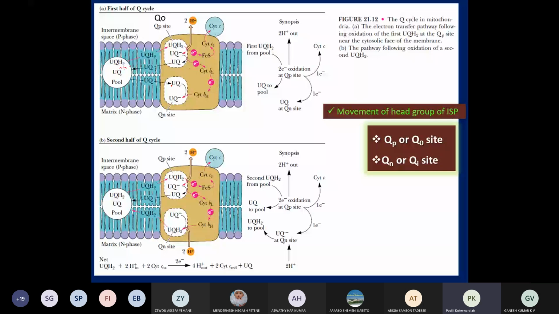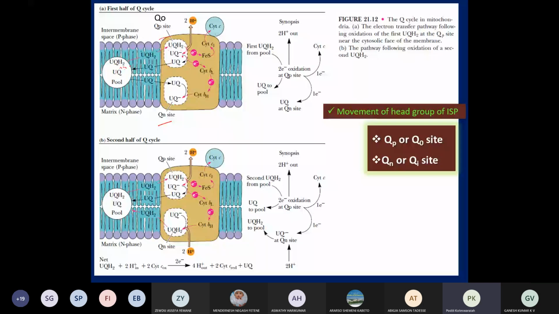On the matrix side, it is known as the QN site. On the intermembrane side, it is known as the QP site or the QO site, and this N side is known as the QN or QI site. Initially, QH2 binds to the QO site or QP site in the cytochrome B subunit, and as a result, the QH2 undergoes oxidation to the semiquinone.